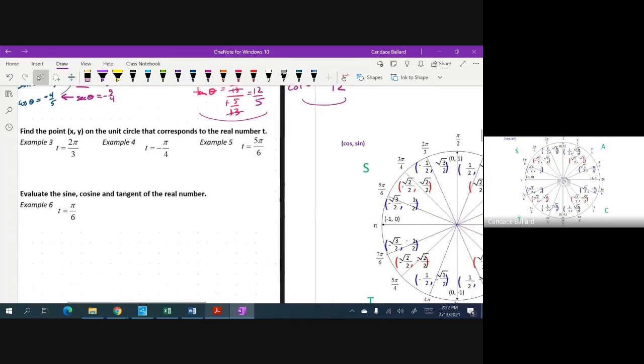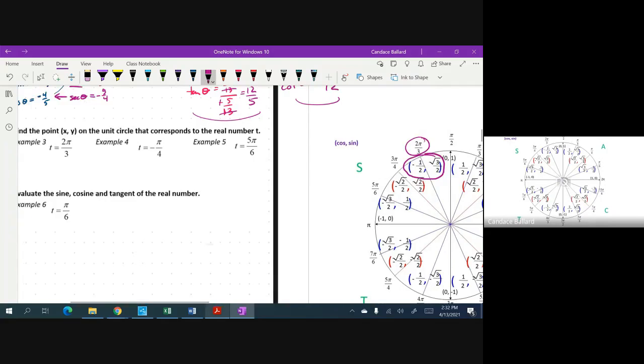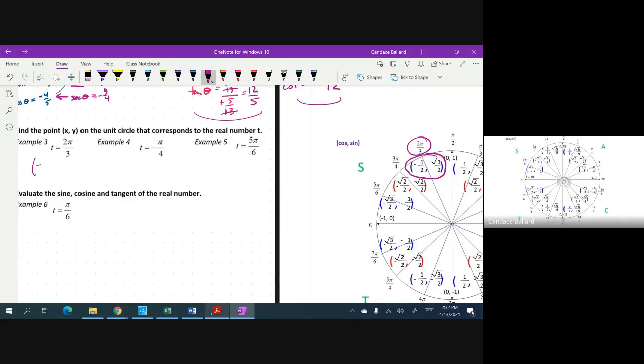Okay, so I'm going to get out my coordinates unit circle. I'm going to find 2/3. Okay, this is tough. I am going to pick that coordinate right there. So all I have to do is write that coordinate down. So the coordinate on this one is negative 1/2, square root of 3 over 2.